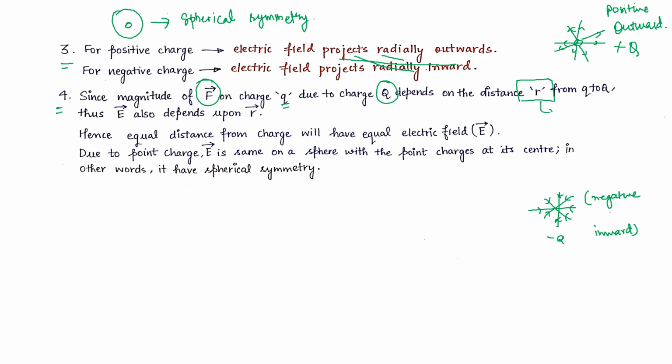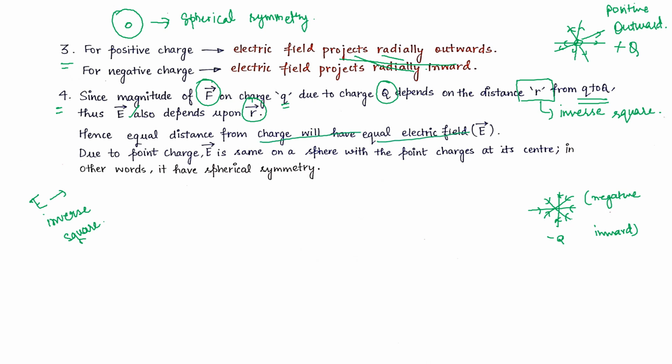Always remember the point, it depends as inverse square on the distance from small q to capital Q. Thus, electric field E also depends upon R. As I have already mentioned in the previous slide, electric field also depends upon R in the relation of inverse square. Hence, equal distances from the charge will have equal electric field.